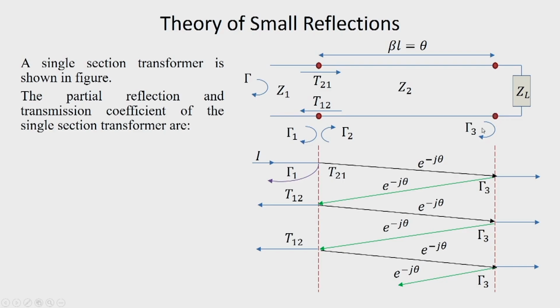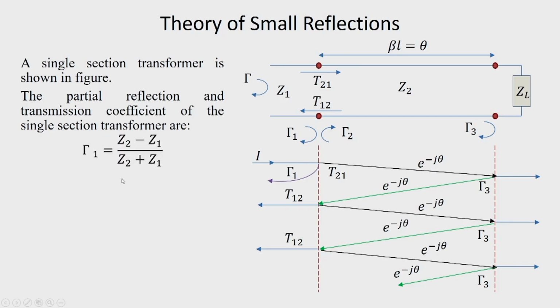So, we define gamma 3 as the partial reflection coefficient, and gamma 3 will depend only on Z2 and ZL. Similarly, the reflected wave from the load will also get reflected by this interface, and this is denoted by gamma 2, which will again depend on Z2 and Z1.